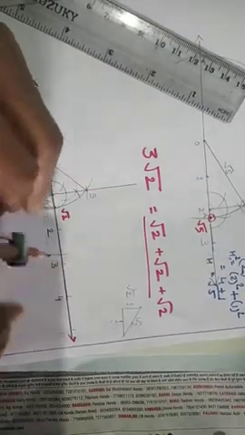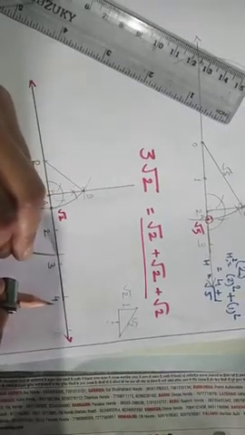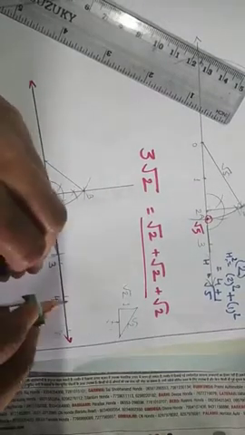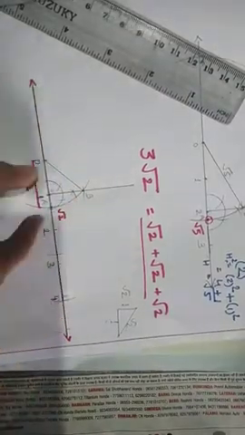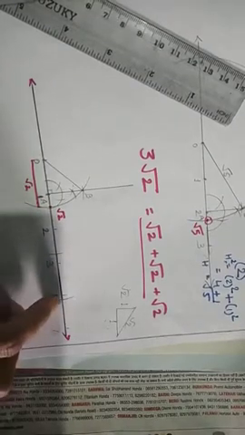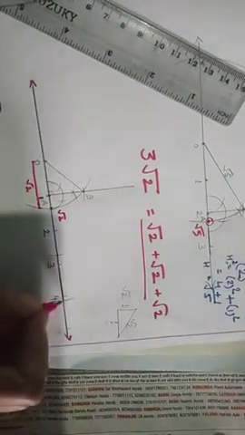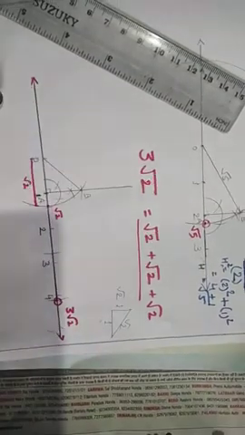This is also under root 2. Again we will put our compass here and cut an arc here. This is also under root 2 distance. Under root 2 plus under root 2 plus under root 2 will be 3 root 2. Means this point will be 3 root 2.